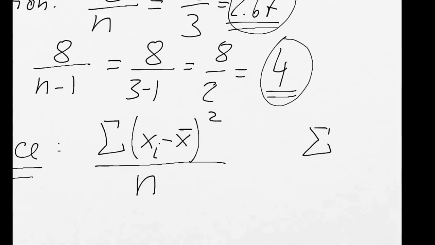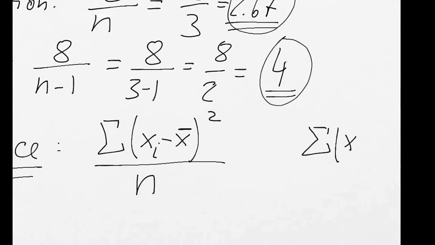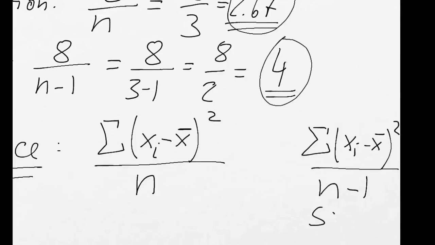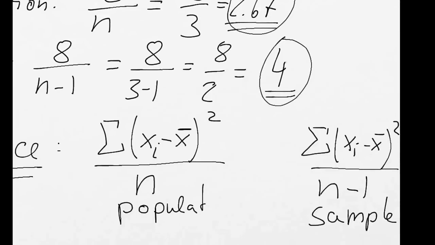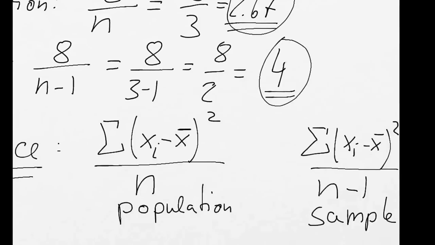And the same thing, x i minus x bar squared divided by n minus 1 if we have a sample. Okay? And we will do a little exercise in a minute for that.